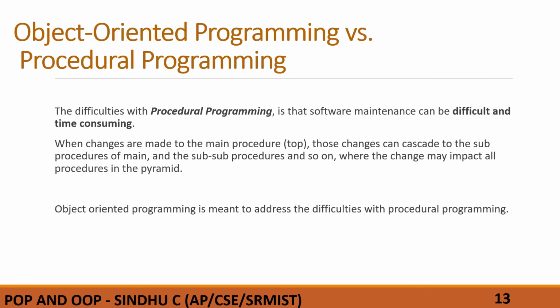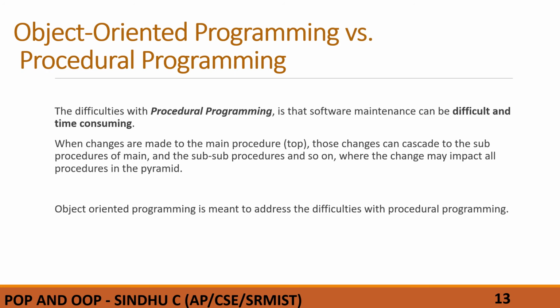Then the difficulties when we are using procedural programming is that software maintenance can be difficult, and it can be time consuming because it is not object oriented. You don't have classes with which you can code at the level of an object.